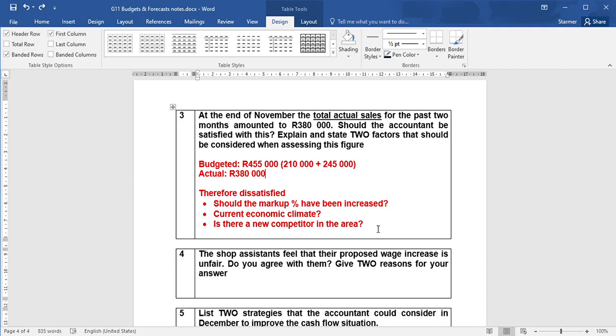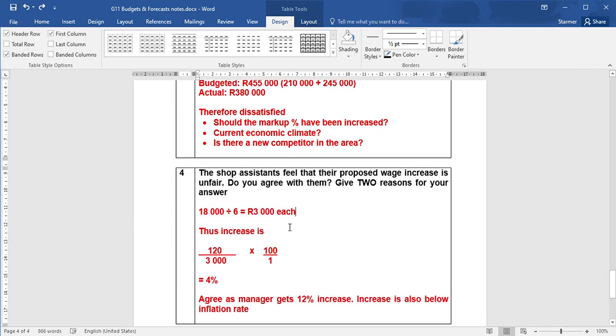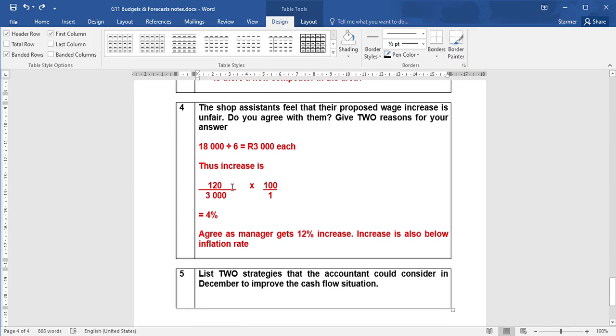Then the shop assistants feel that their proposed wage increase is unfair. Do you agree with them? Give 2 reasons for your answer. Okay, remember there were 6 people, so each person, if you take 18,000 divided by 6, earned 3,000. So the increase was 120 Rand over 3,000, which gives you an answer of 4%.